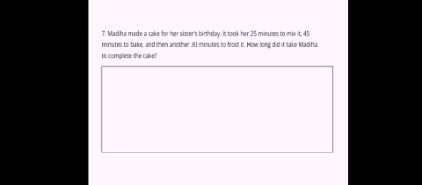Madiha made a cake for her sister's birthday. It took her 25 minutes to mix it, 45 minutes to bake, and then another 30 minutes to frost it. How long did it take Madiha to complete the cake? Now we will add 25 plus 45 plus 30.